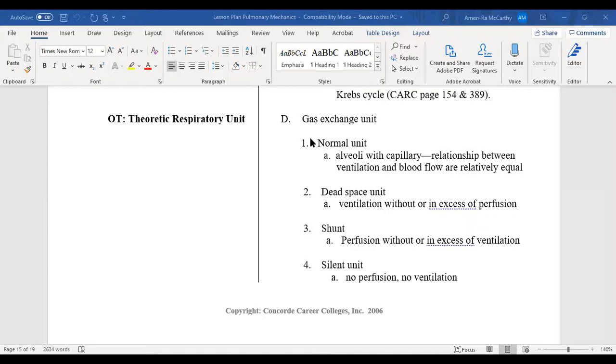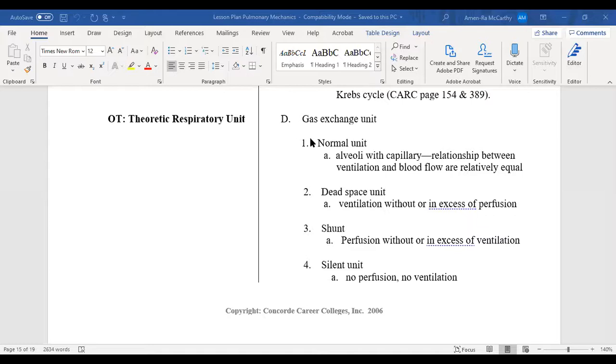Same thing as far as dead space. If we have a VQ mismatch of 4 to 0, that would be a dead space unit, right? We have all the ventilation, but no perfusion. But it also could be 4 to 1 or 4 to 2 of cardiac output, right?